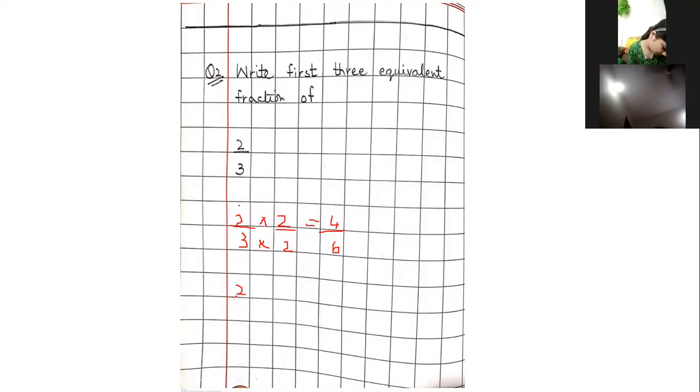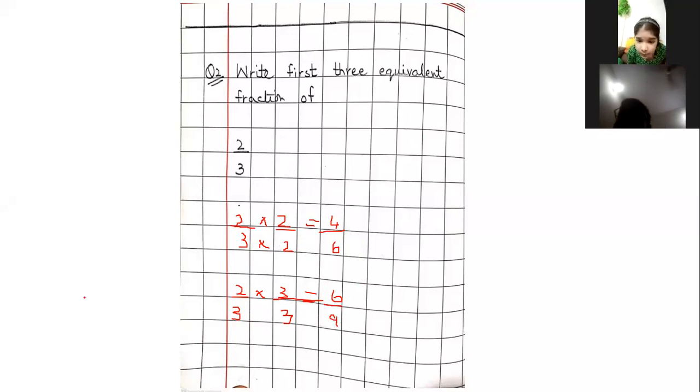In the same way, we multiply 2 upon 3 by 3, we get the answer 6 upon 9.